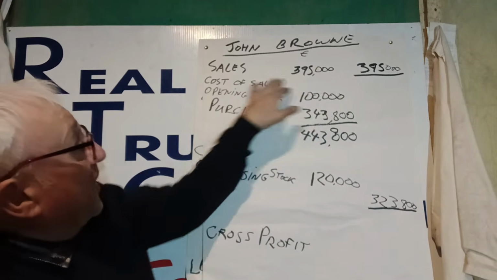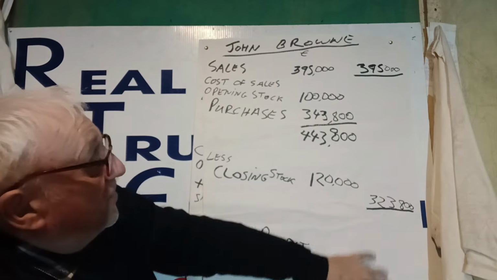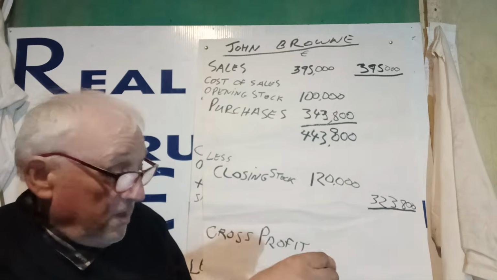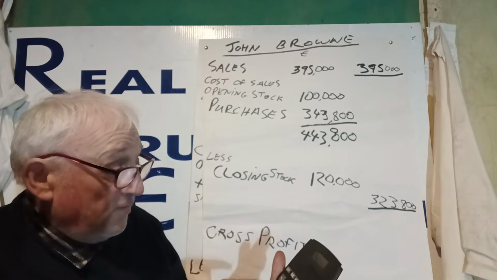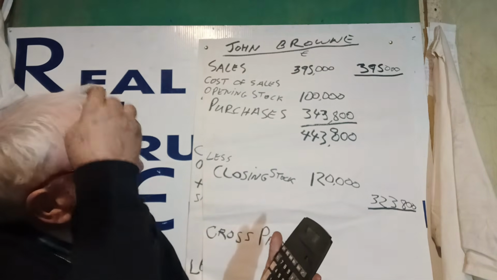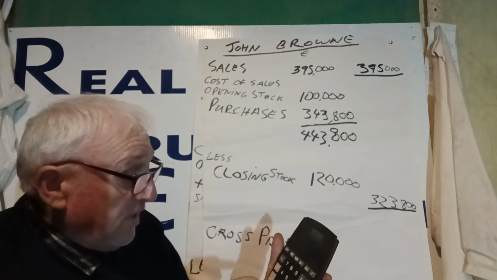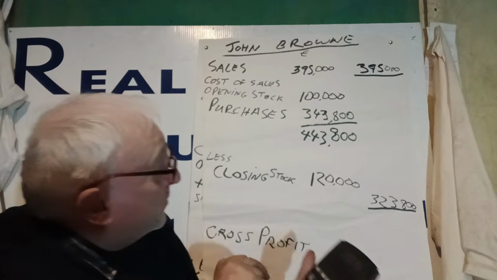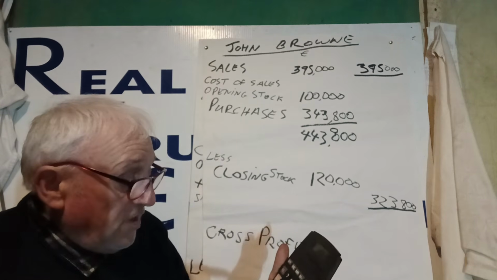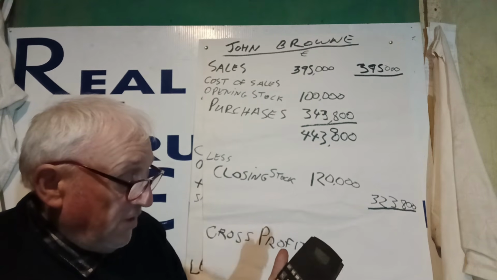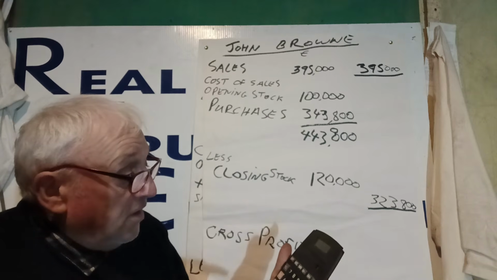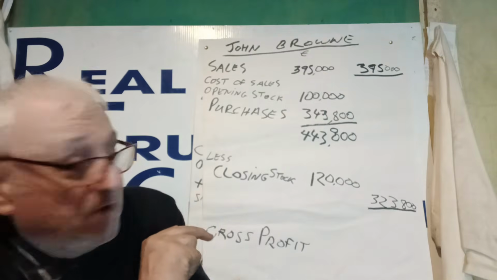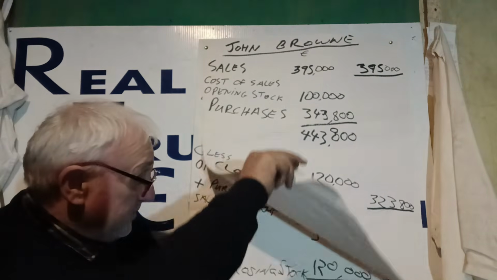So now here's the sales, here's the cost of sales, and I'll just get my calculator out. So I went top shelf. So if you put down 395,000 minus 323,800, we get 71,200, and that's the same here.